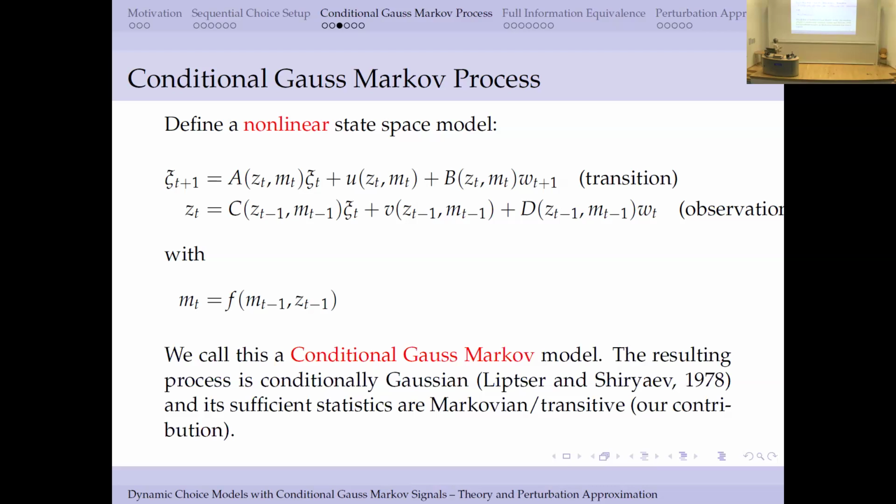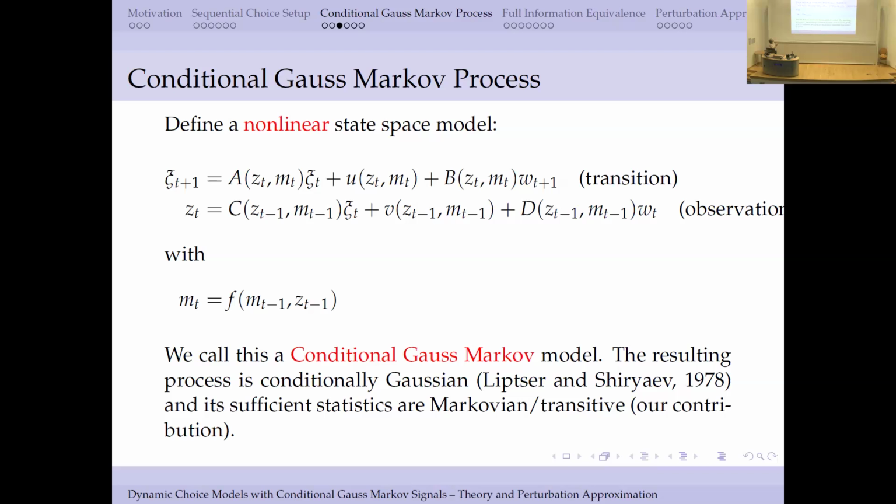All right, so now I think you understand where the name comes from. We have models that produce conditional distributions that are Gaussian, so these are conditionally Gaussian models. They're a special case of a more general class of conditional Gaussian models that was, to the best of my knowledge, first introduced in this book by Liptser and Shiryaev in the late 70s.